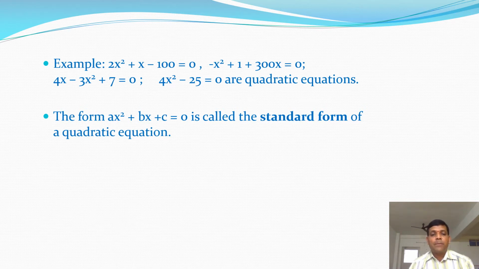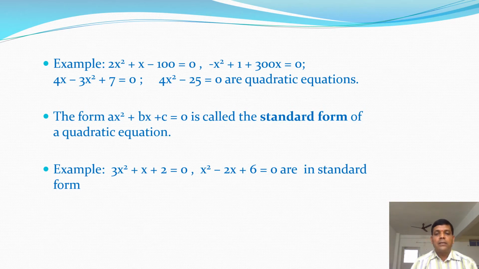So ax square plus bx plus c equal to 0. Degree of x square, that is second degree. Degree of x, that is first degree. Degree of c, the constant, is 0. So ax square plus bx plus c equal to 0 is the standard form of a quadratic equation.